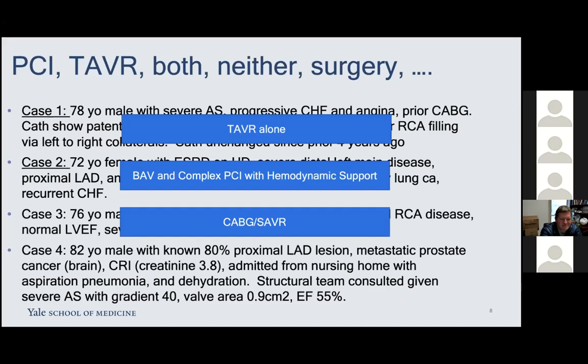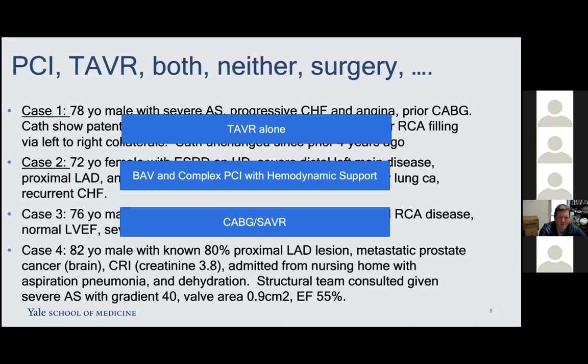I'd probably let him recover from his aspiration pneumonia and dehydration and see where he's at in terms of his symptoms, if his EF's normal, if he's symptomatic from his AS. I'm not totally clear on his prognosis from his prostate cancer, but if it's metastatic to the brain, I'm not sure how much longer that gives you. So I would not be in a rush to intervene on him.